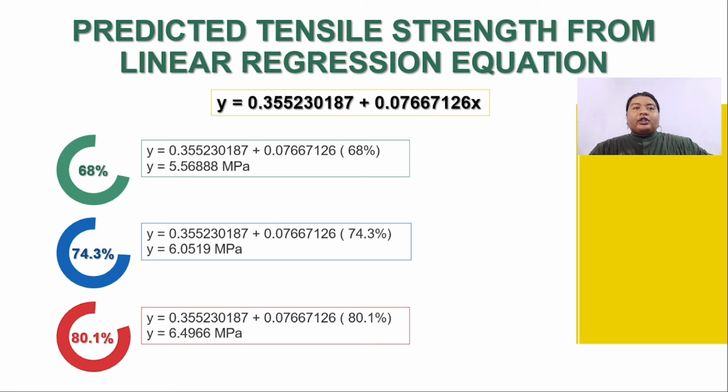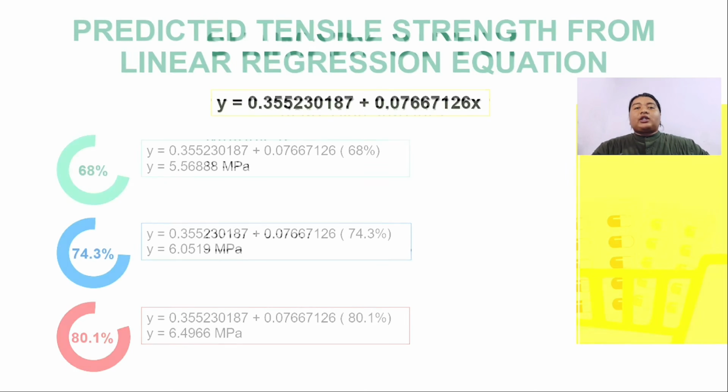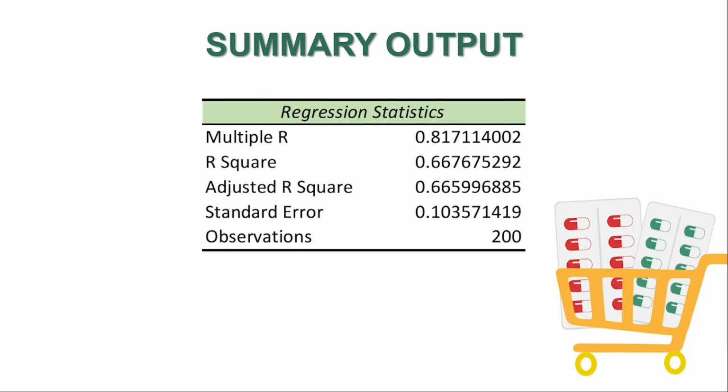At relative density of 74.3%, the predicted tensile strength is 6.0519 megapascal, and at 80.1%, the predicted tensile strength is 6.4966 megapascal.